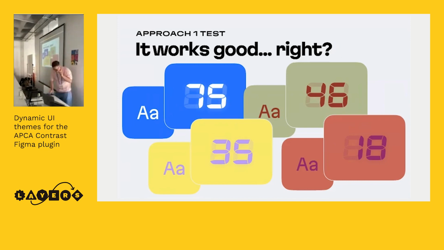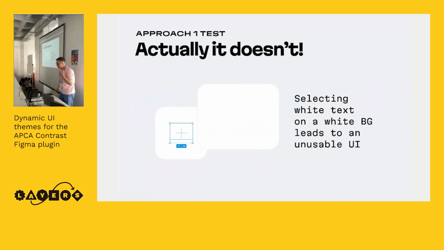It works pretty well until you select something like this. If you select white text on a white background, our user interface becomes completely unusable. But nothing to worry about. Let's just improve our approach.